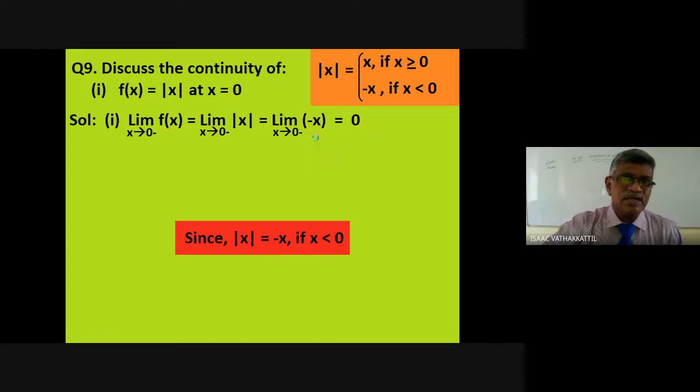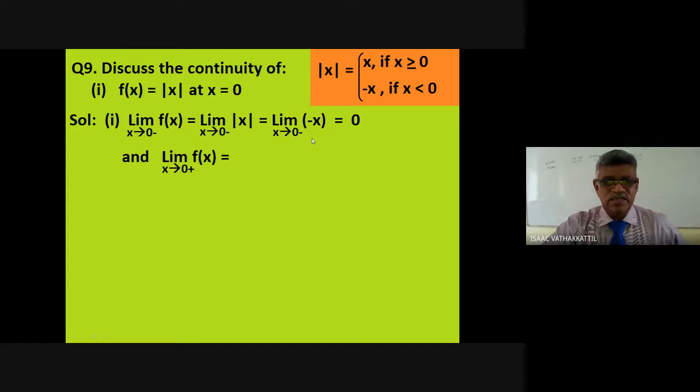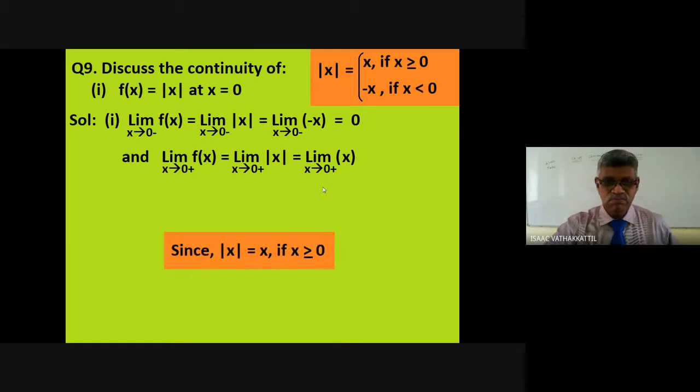In the same way, right limit at 0, that is limit x to 0 plus f(x), that is limit x to 0 plus of mod x. When x is approaching 0 plus means x is more than 0, mod x is x. Mod x is x if x is more than or equal to 0. And again x is a polynomial function.